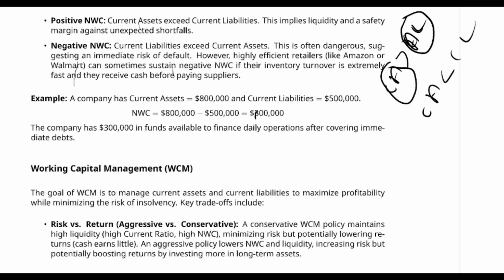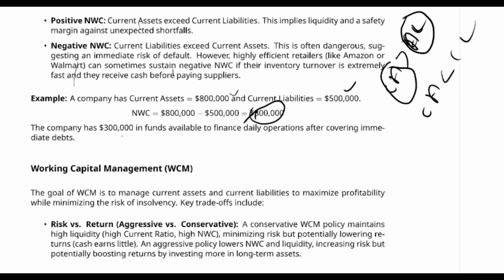Again, if the cash collection, inventory turnover and receivable turnover are extremely fast, we can manage even with negative working capital. But as a general case, negative working capital is a negative sign of liquidity. So let's look into this example. If a company has current assets of 800,000 and current liabilities of 500,000, the net working capital is 300,000, that is current assets minus current liabilities.